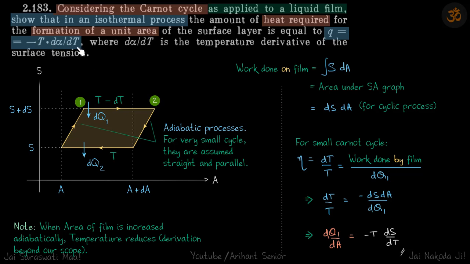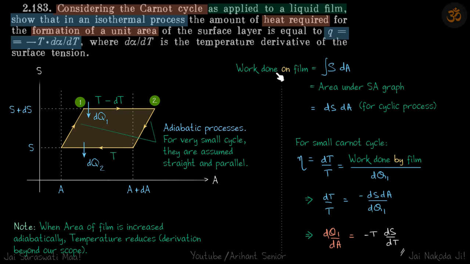If you remember, for the Carnot cycle, efficiency is dt by T. And when we are talking about efficiency, there is a term of work done upon Q. So we have got three of those terms, Q, T and dt, that relate to the Carnot cycle. Let's use that help to arrive at this formula. The only term missing here is work done, so let's start from there.